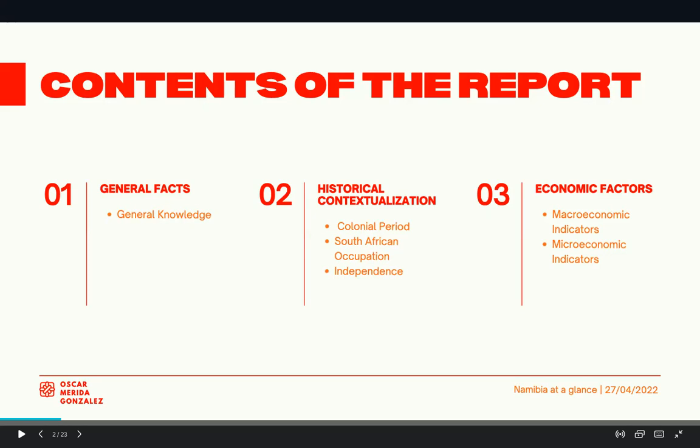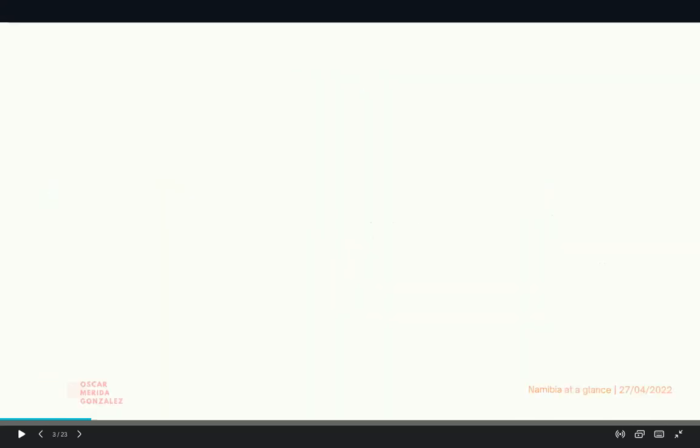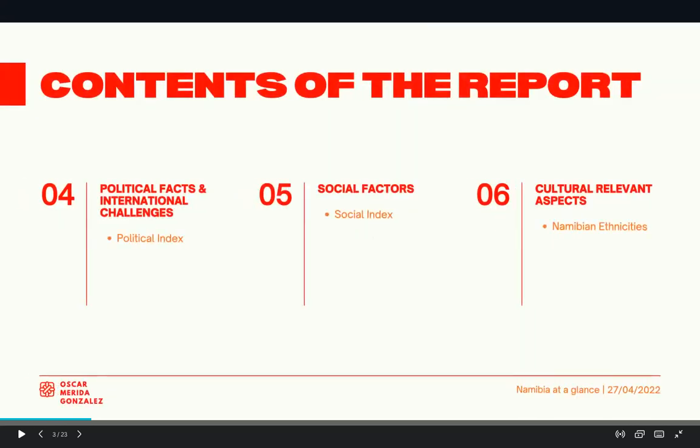The third point, I'm going to tackle the economic factors, which I decided to divide into 2, which are the macro and the microeconomic indicators. The fourth point is the political facts and international challenges, in which I will present the political index, but also the political structure and the political performance of the country per se.